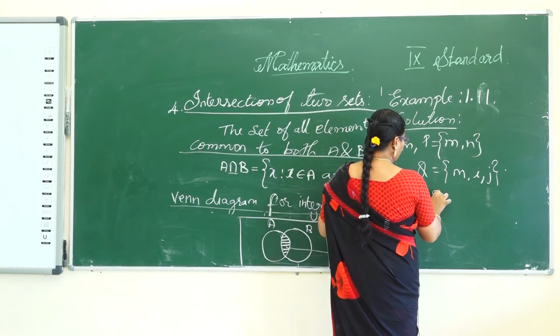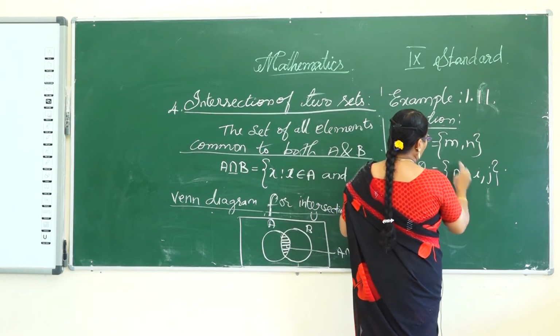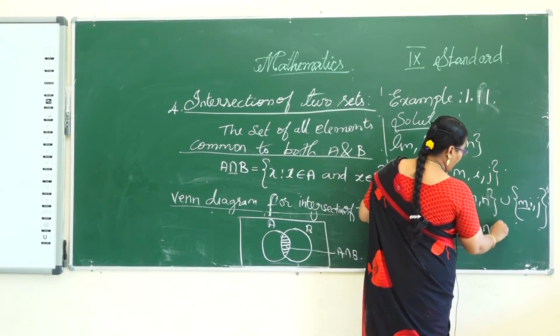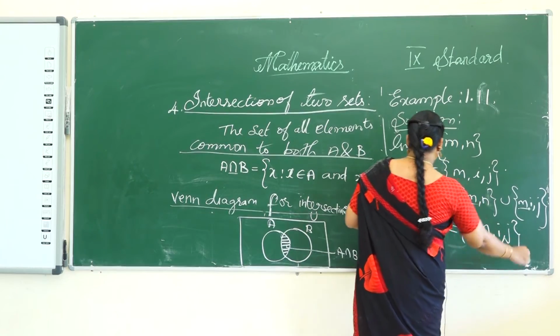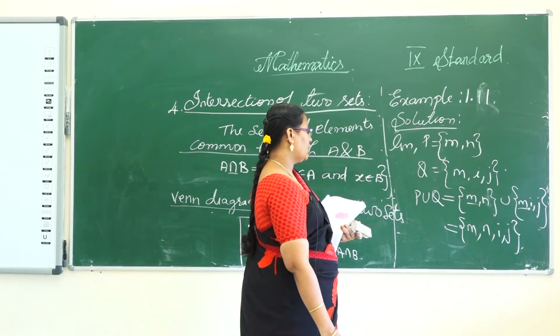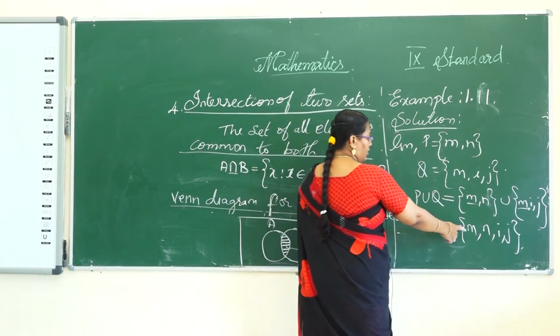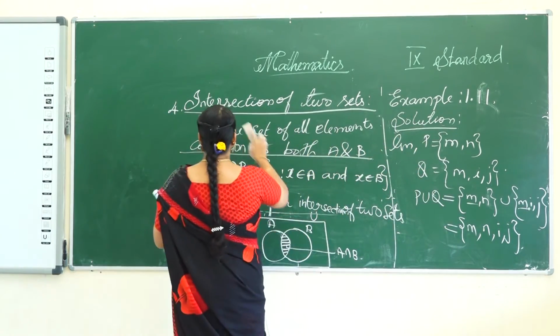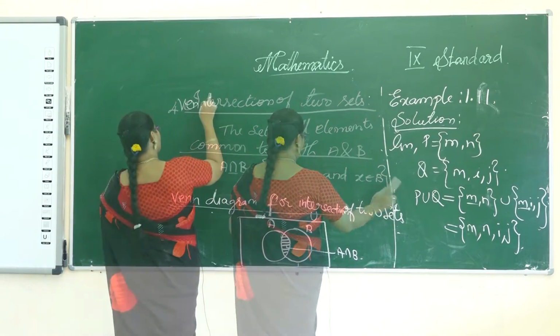P union Q is equal to the elements in set P: M, N, and the elements in Q: I, J. So P union Q is equal to {M, N, I, J}. It is drawn by a Venn diagram.